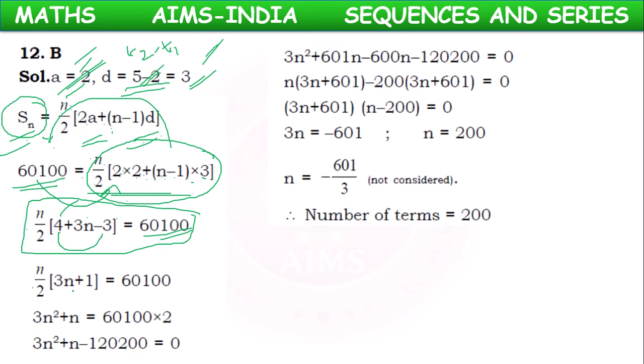So n by 2 into 3n plus 1 equals 60,100. The 2 goes to the right hand side and multiplies 60,100. So n into 3n is 3n square, n into 1 is n, equals 60,100 into 2, which is 1,20,200.